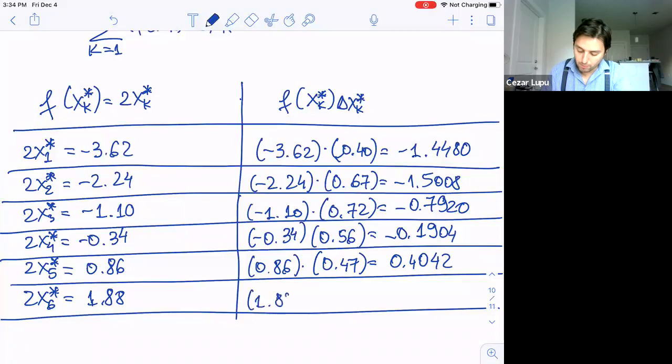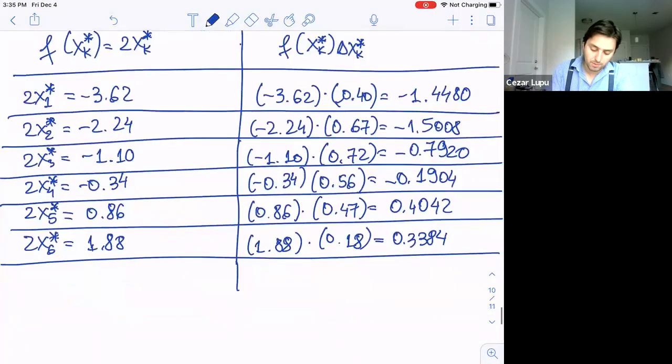And the last one, 1.88 times 0.18, this would be finally 0.3384.